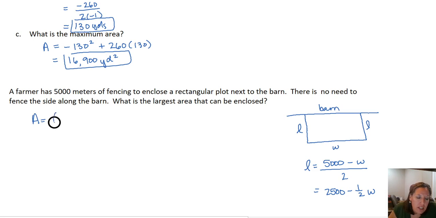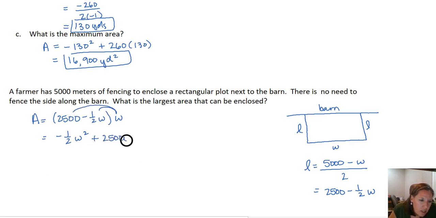So our area is going to be 2,500 minus 1/2 W times W. Distribute that W. I'm going to go ahead and simplify this and distribute and write it in standard form. So I'm going to distribute to that second term. So we'll get negative 1/2 W times W is negative 1/2 W squared. And then we get plus 2,500 W. So that'll be our area function.